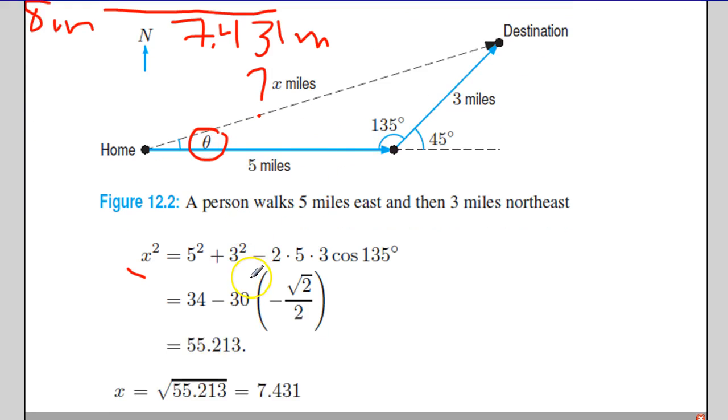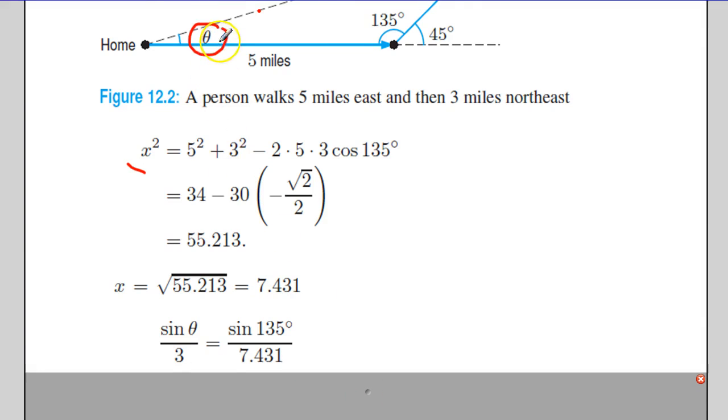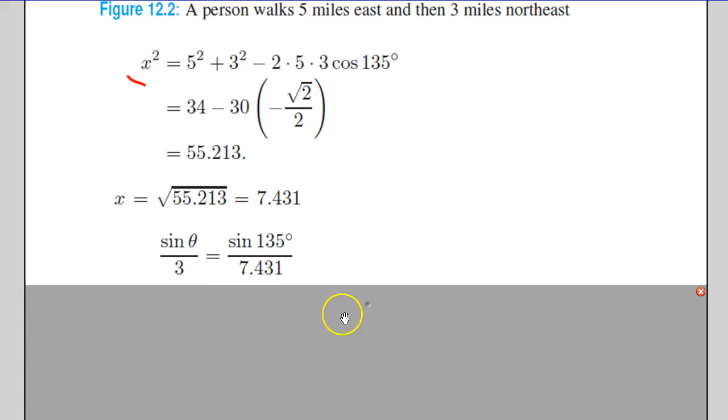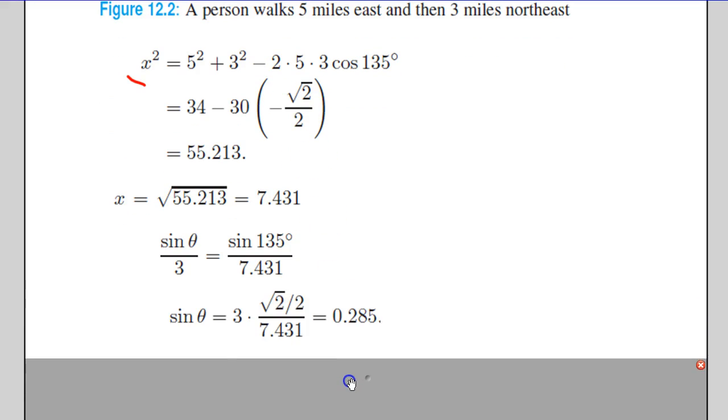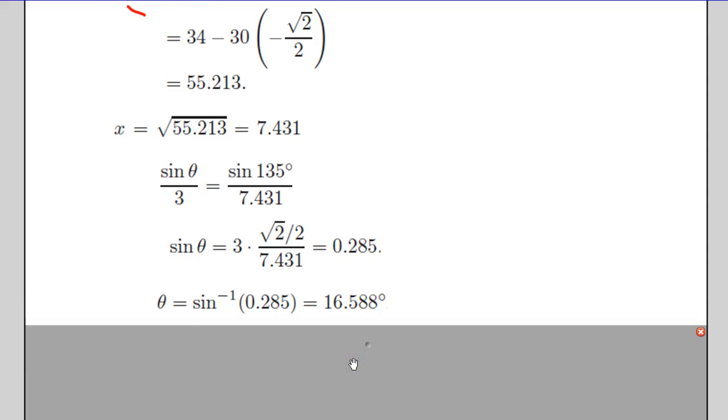And so in order to do that, we use law of sines, which is the sine of this angle divided by 3 miles is equal to the sine of this angle divided by this length, which we found to be 7.431. And using our algebra, we get this for the sine of the angle. And using inverse trigonometry, we get this as our angle.